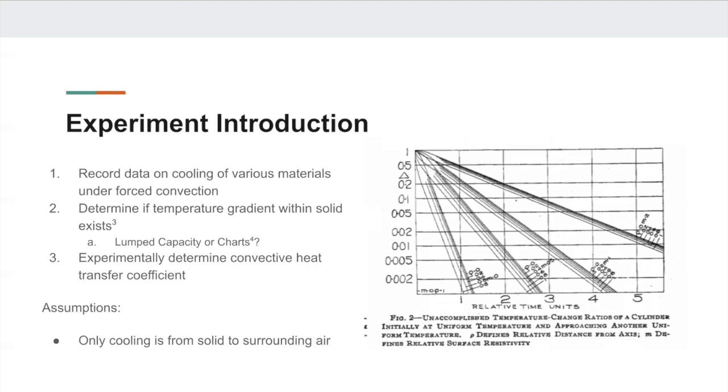Each chart pairs with a particular geometry and has time on the x-axis and temperature on the y-axis, and on the chart, you read off values that relate to the conductive coefficient and the convective coefficient. In this experiment, we assumed that the only cooling occurring for the solid is due to the surrounding air flowing past, and there was no loss of heat on the top or bottom surfaces.